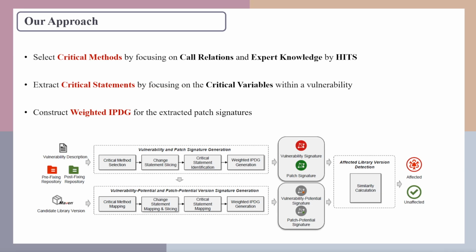To distinguish the importance of vulnerable methods and patched statements, Vision performs critical method selection and critical statement selection to prioritize important changes and their context. Furthermore, the vulnerability signature is represented by weighted inter-procedural program dependency graphs that incorporate critical methods and statements.